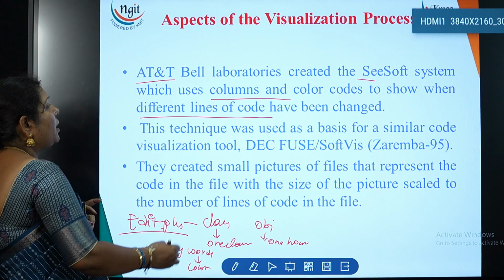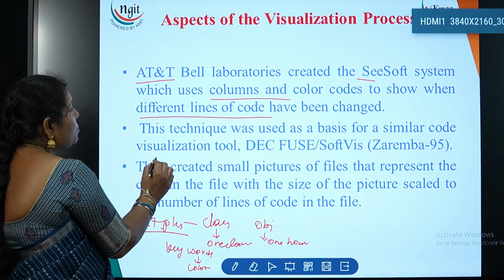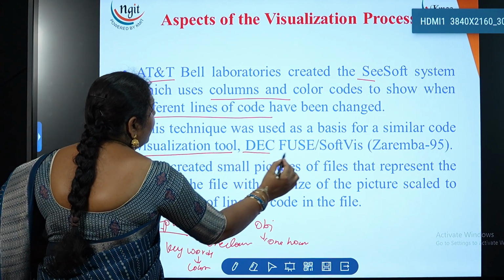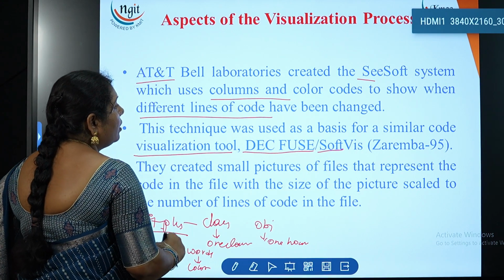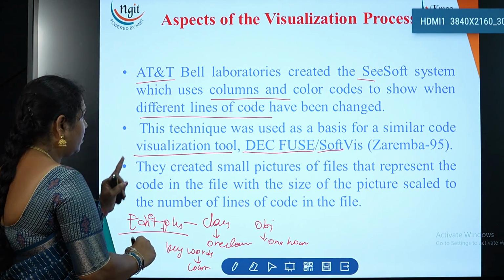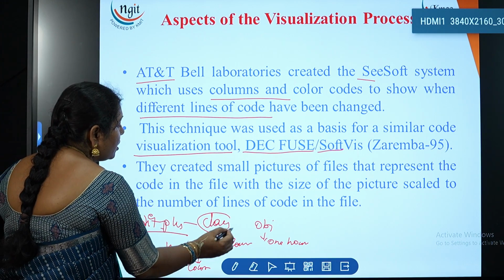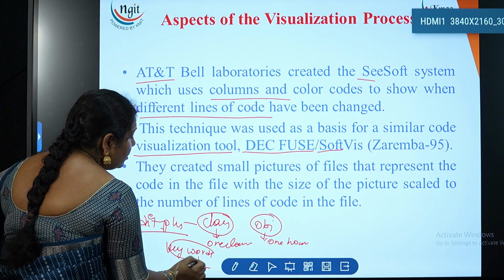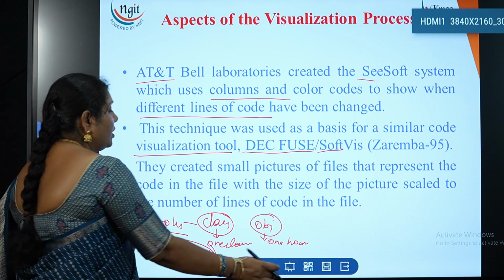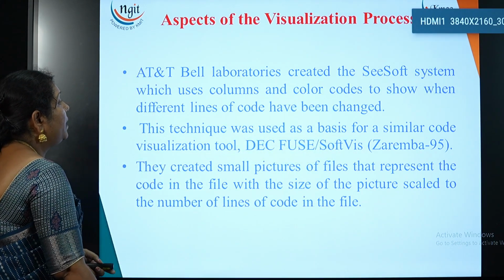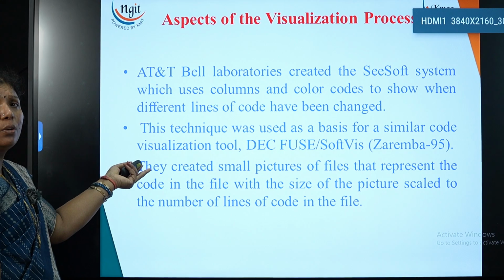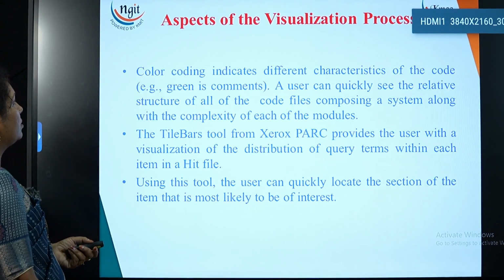So who is providing this color change? This technique can be used in tools like DeckFuse or Softways, created by Xerox. So these are basically used to change the color within the text. So this is the main agenda, in order to differentiate the updated text, or if you have changed any code or anything that has to be updated.